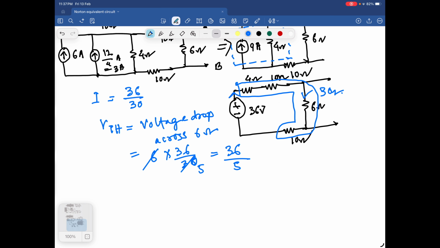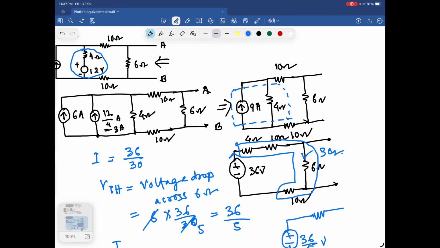Now what will be the short circuit current? Now you have one voltage source. VTH is equal to 36 by 5 volt. And what will be the equivalent resistance?